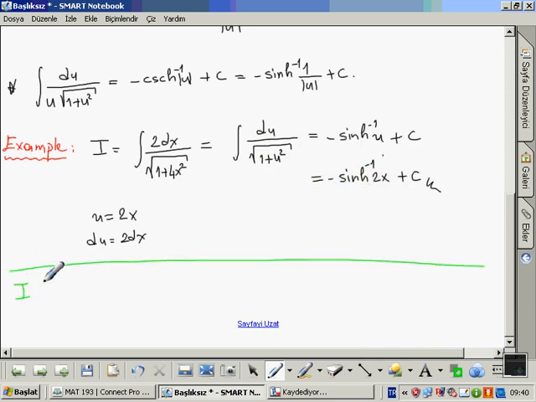Let me write some identities. Inverse sech x equals inverse cosh of 1 over x.